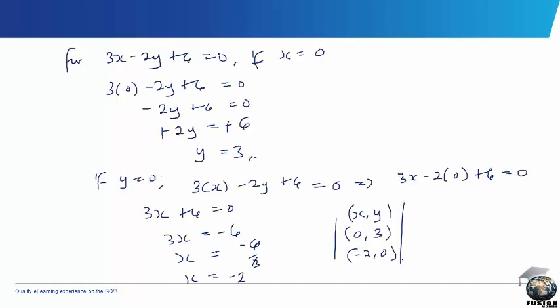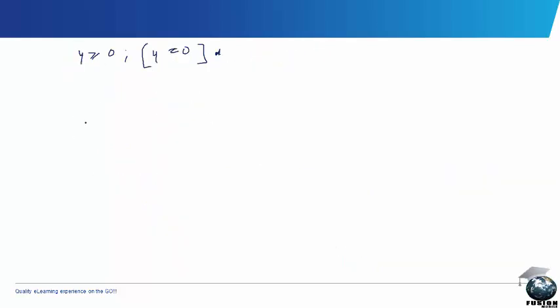The first point we had was 0, 6 and 5, 0. For the first point we have x and y: we had 0, 6, and we had 5, 0. That was for the first curve, 6x plus 5y minus 30.